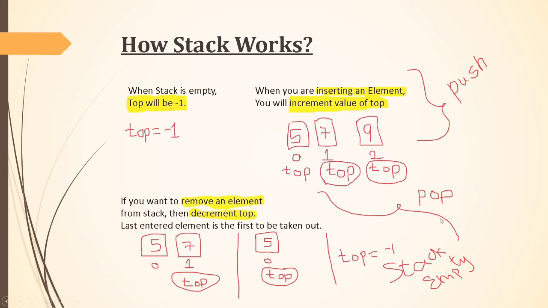What are you going to write inside the push function? First I'm reading the element which the user wants to insert, and I'm incrementing the top value. So these are the two lines of code you write in the push function. And in pop, you decrement the top value and the element will be removed. I hope I'm clear with this.